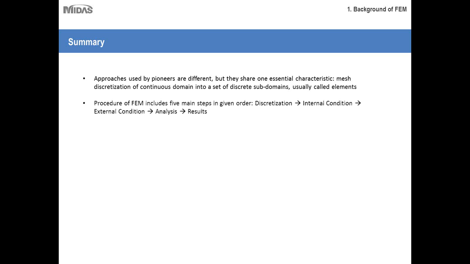The procedure of finite element method includes 5 main steps in the given order. First, discretization, then internal condition, where you apply constitutive material models, then external condition, where you apply boundaries and loads, then analysis and result.